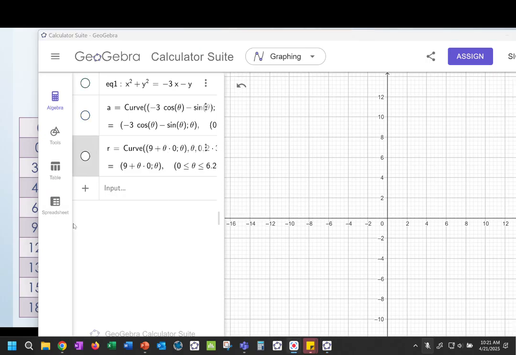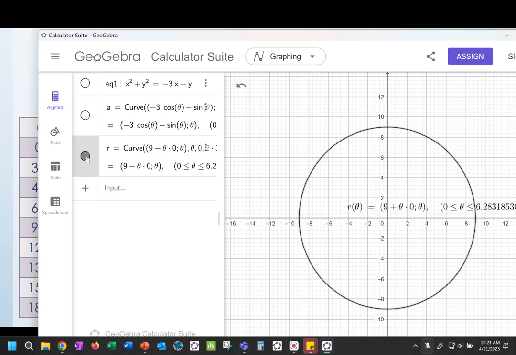Okay, I got it to take what I wanted. I put in 9 plus 0 times theta, and it gave me the circle I wanted, because it needs to have that theta in there so that it knows it's polar, because otherwise it thinks it's just a variable, a parameter rather.